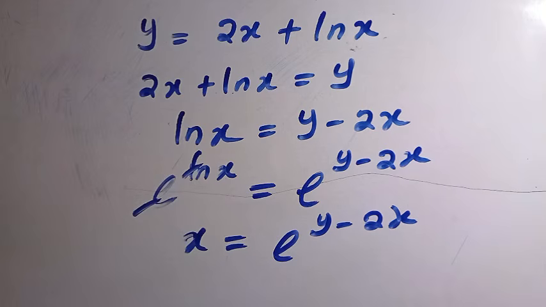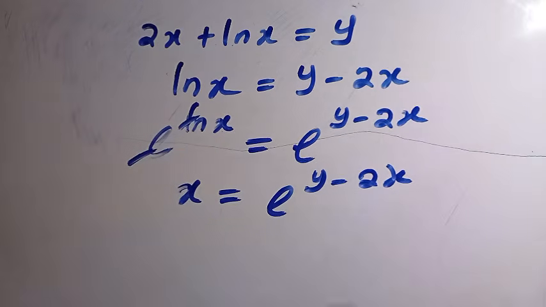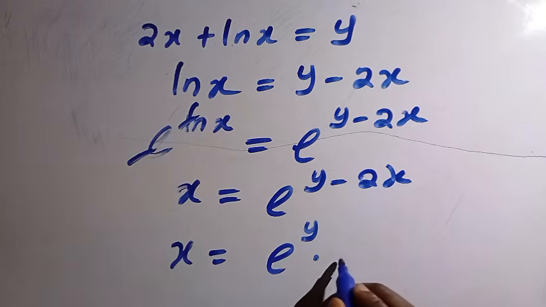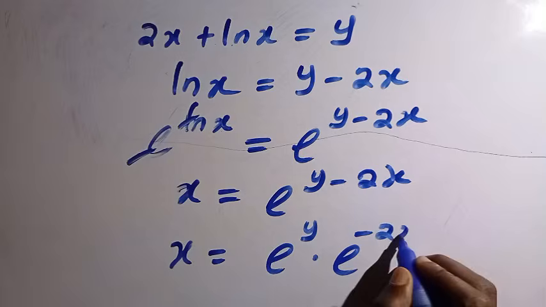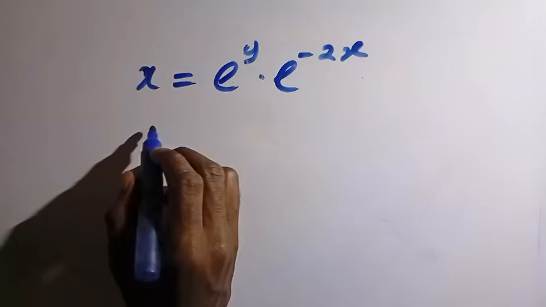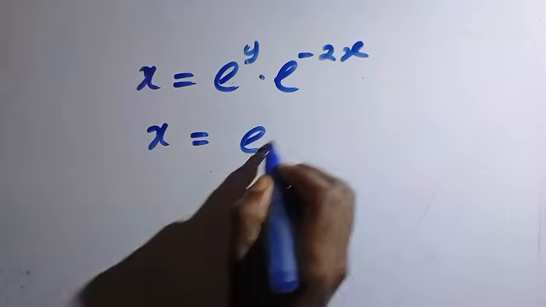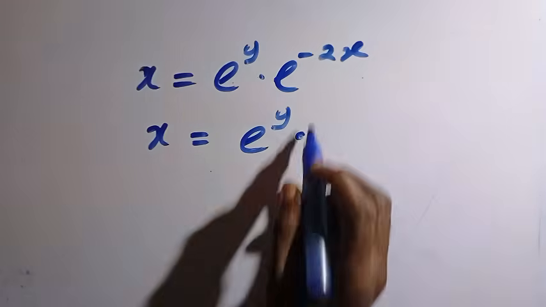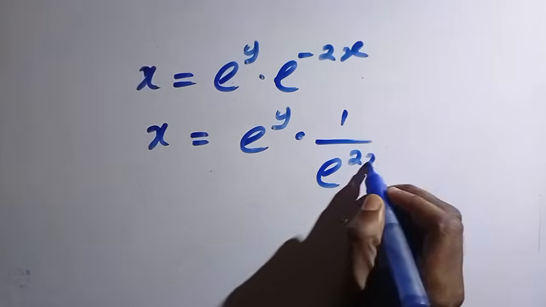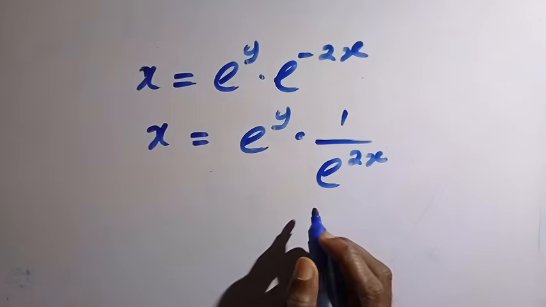If I apply the rule of exponents, breaking this down, we have x equals exponential of y multiplied by exponential of minus 2x. This exponential minus 2x is the same thing as 1 divided by exponential 2x.